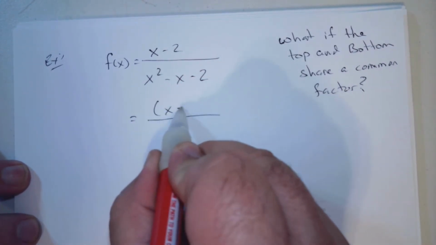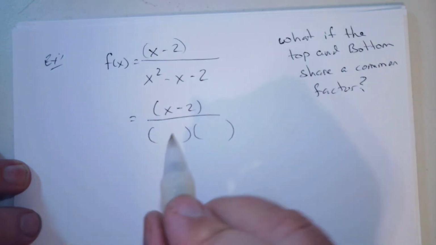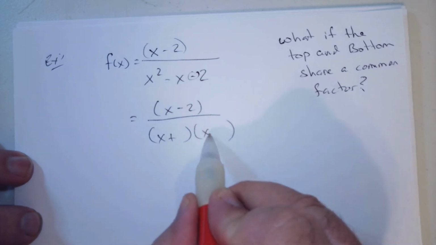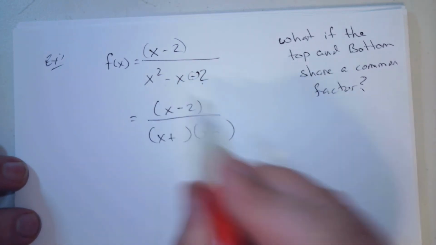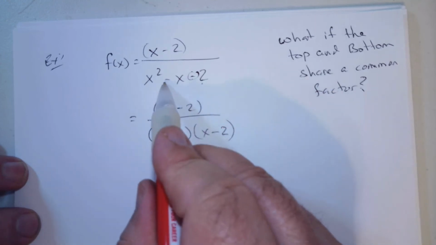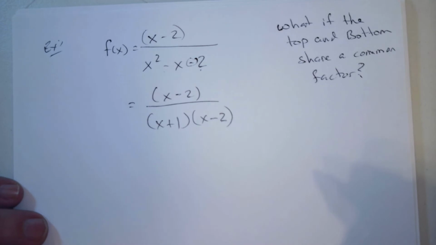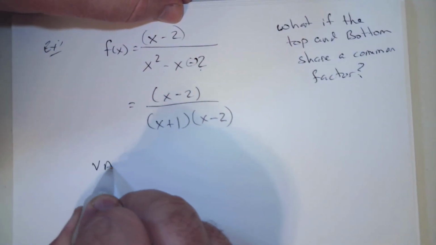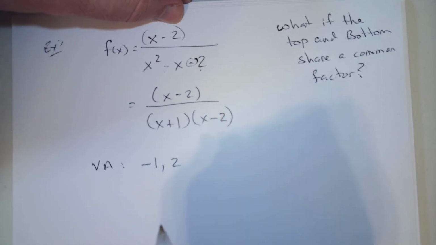So we have x minus 2 on top. The bottom factors into x and x, opposite signs. What times what is 2, and you subtract them, is 2 and 1. So negative is 2. So we see here our vertical asymptotes are -1 and 2.